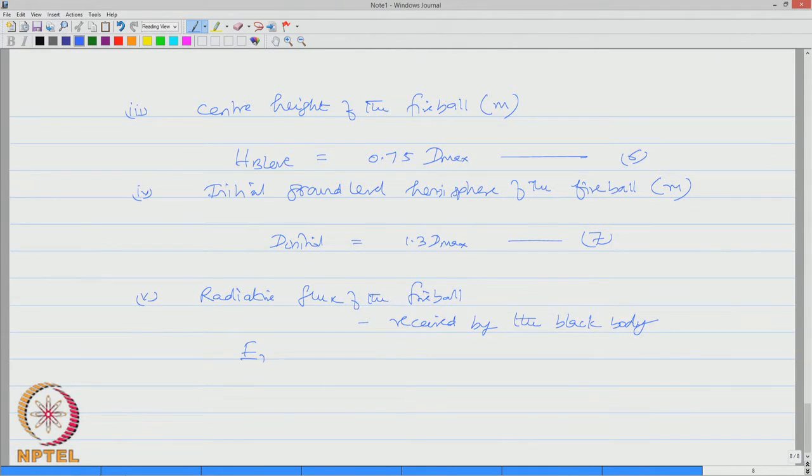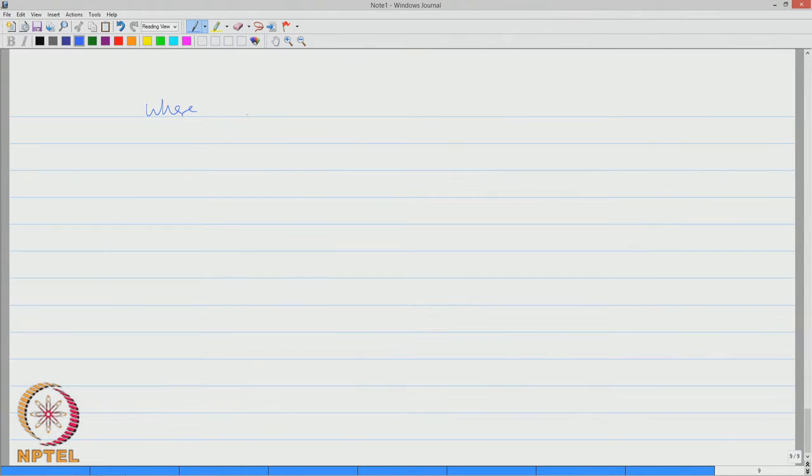So, that is given by ER is tau A times E F21, where ER is the emissive radiative flux received by the black body, which could be in the units of energy per area time.